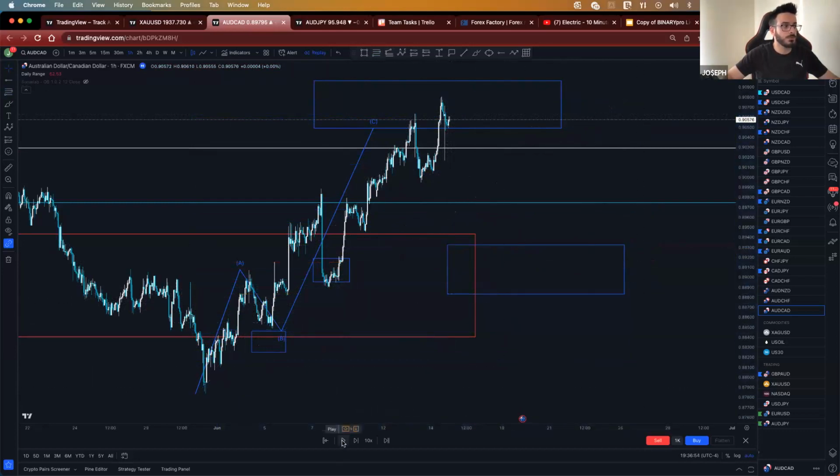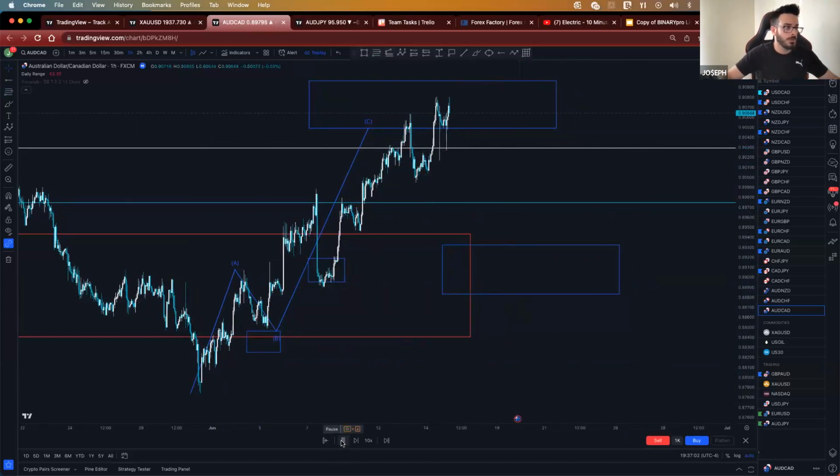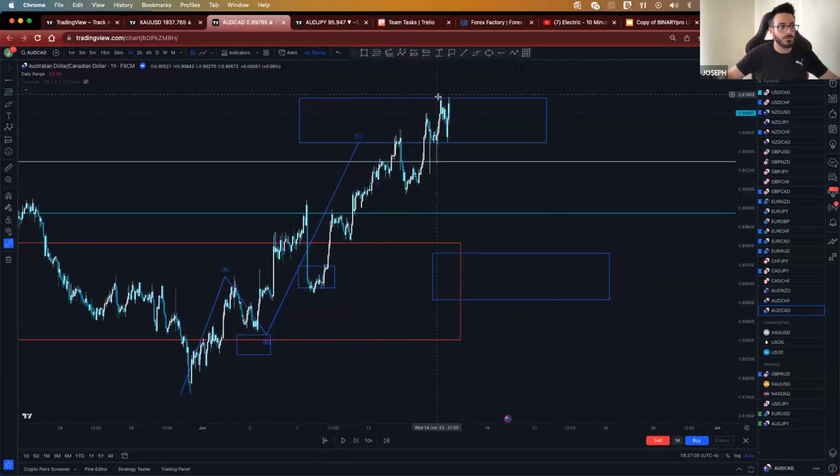Okay, then let's see what happened. If it made another higher high, I'm going to be adjusting too. I have to keep an eye on the market. It did. It made a higher high of this one and of this one as well. So I'm going to be fixing two. My Fibonacci is always going to start from the same point. The first point is not going to change.